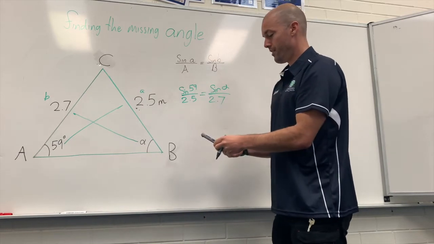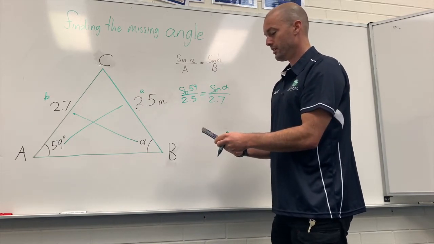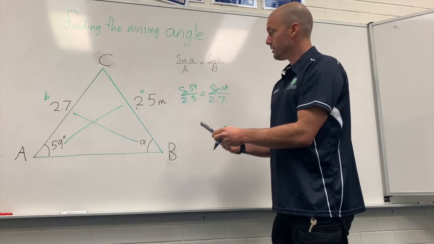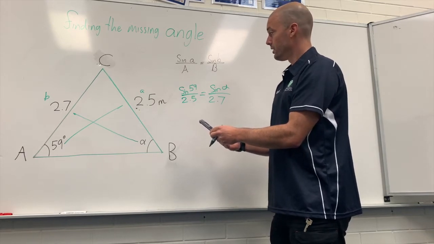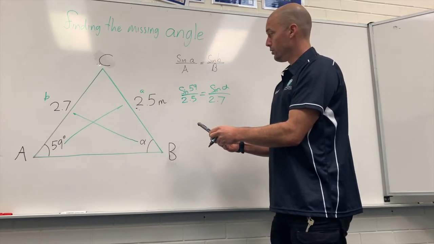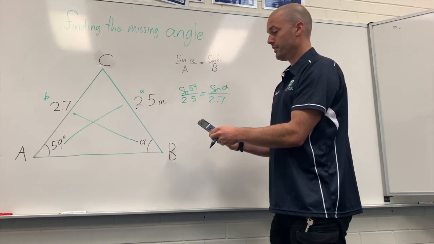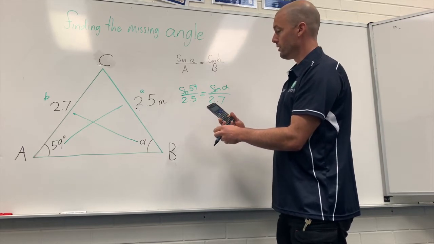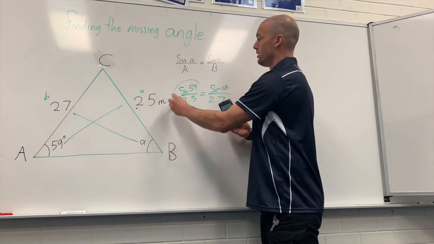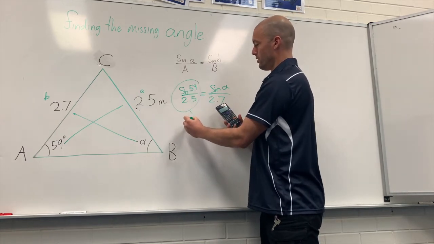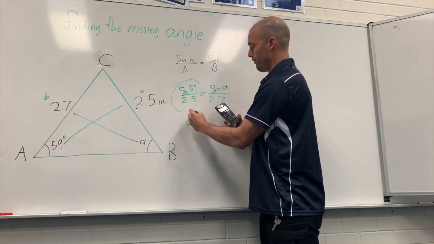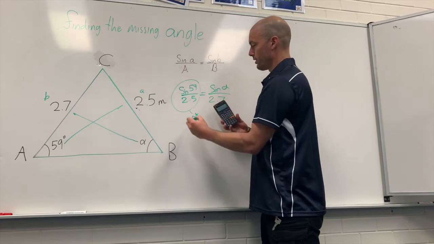Sine of 59 divided by 2.5. Okay, so the answer to that is 0.3428.